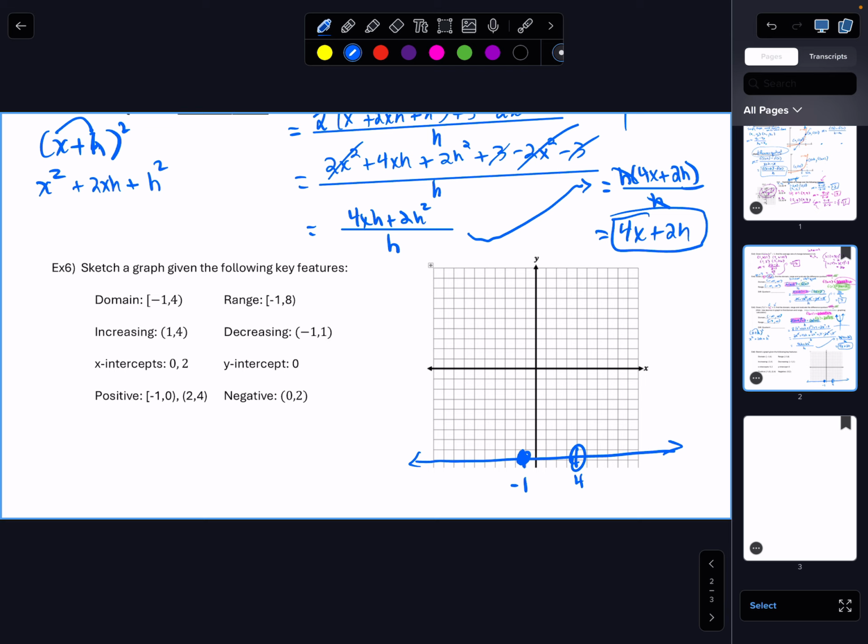The range is from -1 to 8. The -1, it has to have an ordered pair where the y-coordinate is -1. It goes up to 8, but it's going to be an open circle because 8's not included in the range. So between those two horizontal lines, the function has to be drawn.